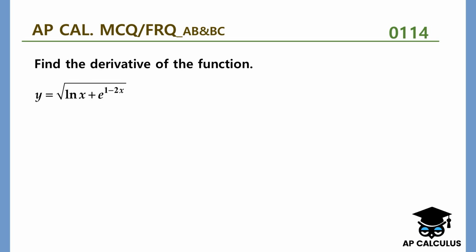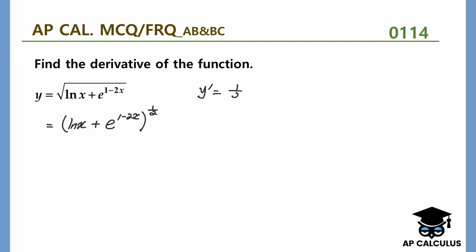Question 114. We have the function y is equal to square root of natural log x plus e to the 1 minus 2x. If we have a square root, rewrite this function in exponent form. So let's do that. So this is equal to natural log x plus e to the 1 minus 2x to the power of 1/2. Right? Now find the derivative of this function. So y prime is equal to, we apply the power rule first, right?